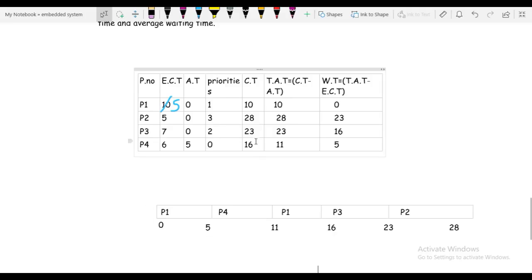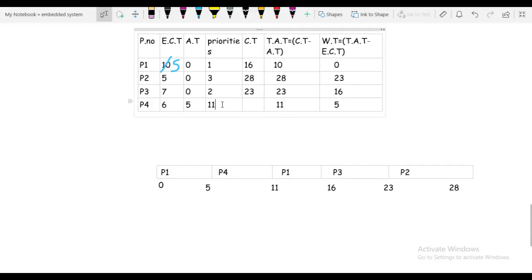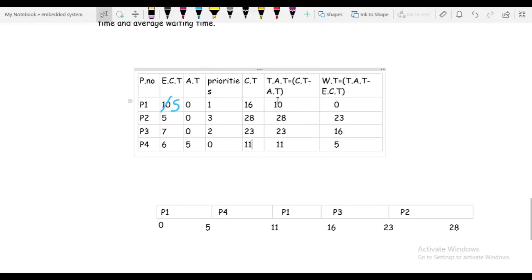Now the completion time of P2 is 28, and P3 is 23, and P1 is 16, and P4 is 11, right? Now TAT will also change.